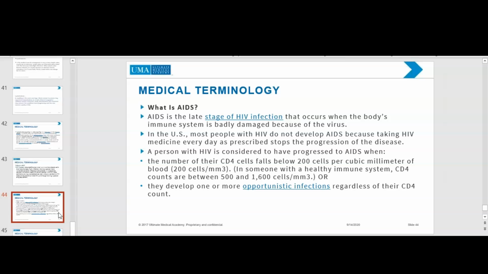A person with HIV is considered to have progressed to AIDS when the number of their CD4 cells falls below 200 cells per cubic millimeter of blood, 200 cells/mm3. In someone with a healthy immune system, CD4 counts are between 500 and 1600 cells/mm3. They also develop one or more opportunistic infections regardless of their CD4 count.